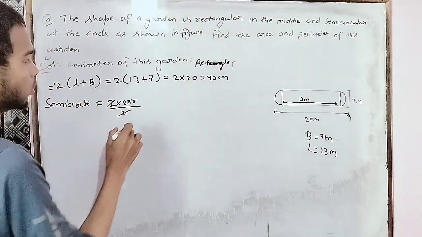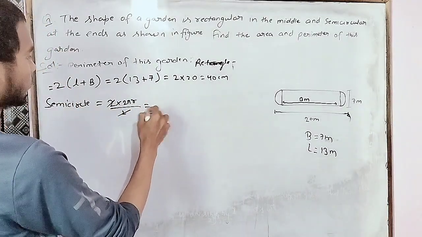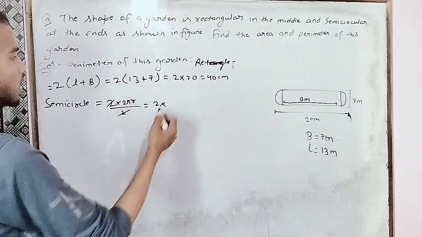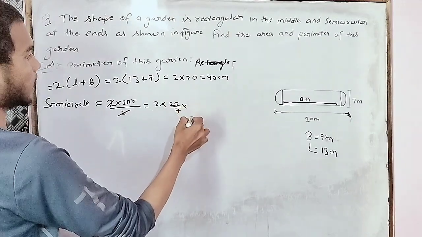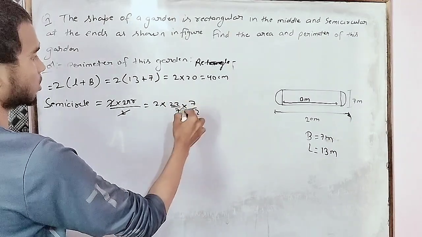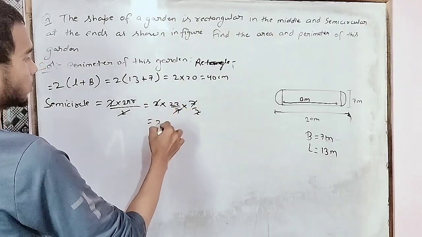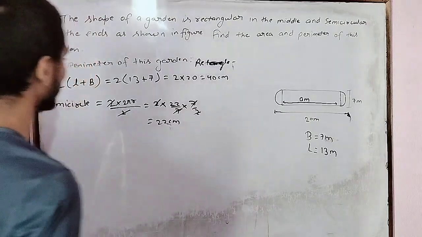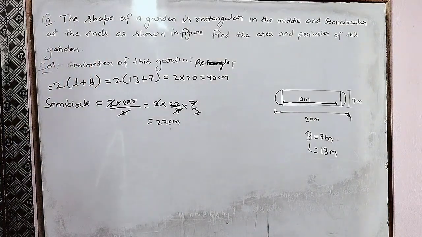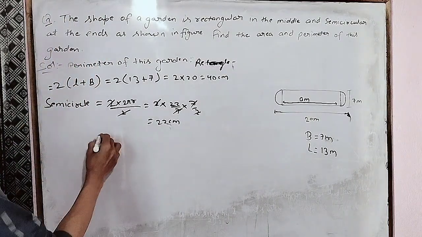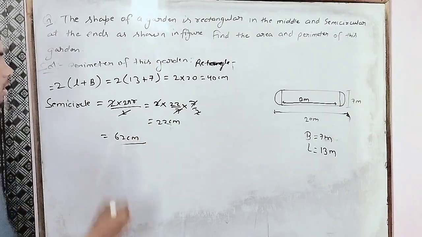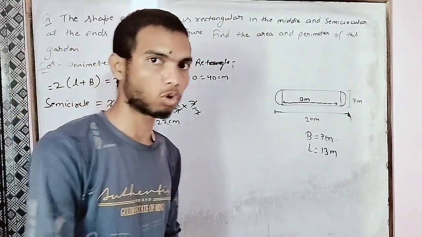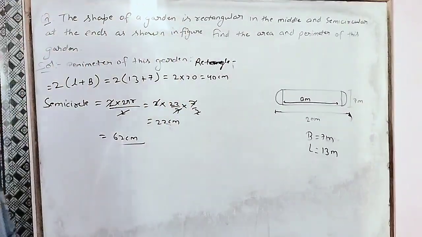Then we have 2 more. Then we will simplify it. 22 by 7, r is how much? 7 by 2. 22 centimeter. Now can we say 62 centimeter is the total measurement of this garden?